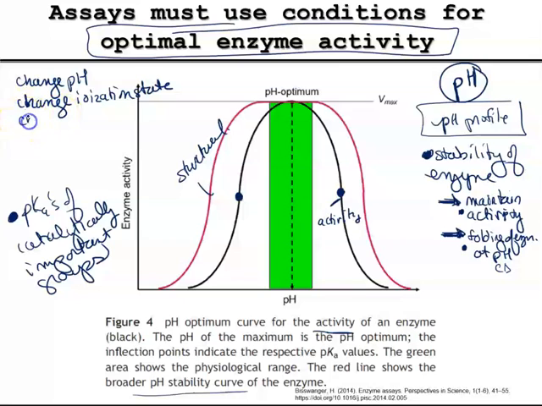And we can change, right, ionic interactions that are important structurally. So salt bridge interactions that are important for holding together the tertiary or quaternary structure of a protein.